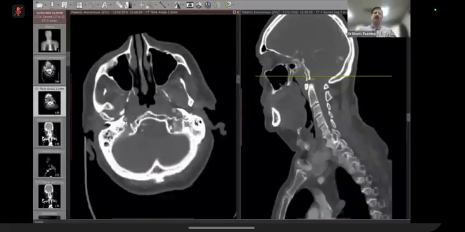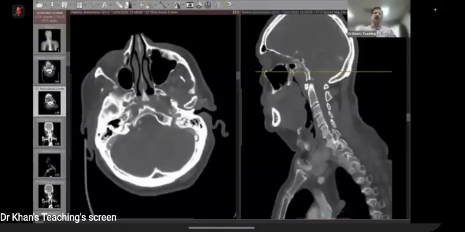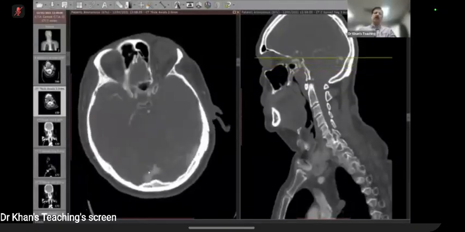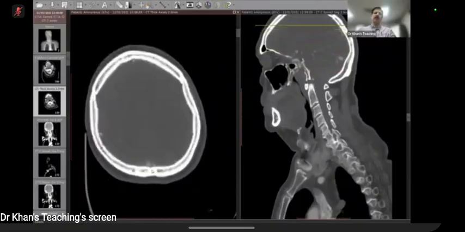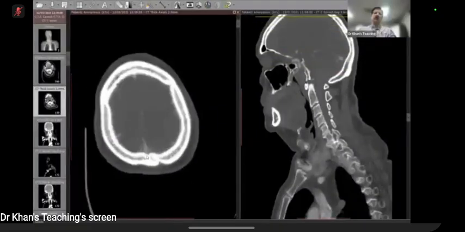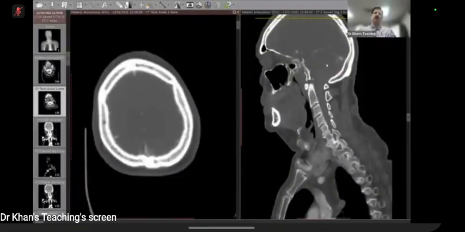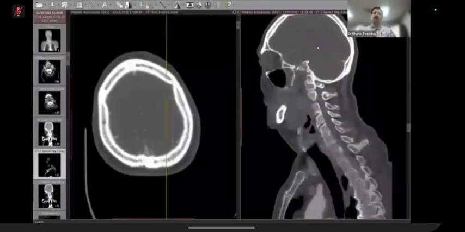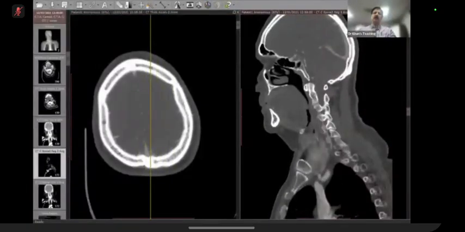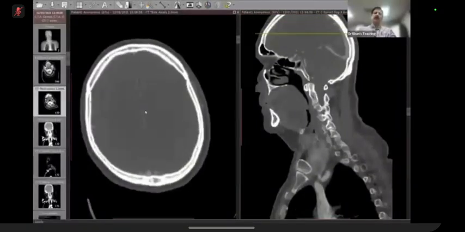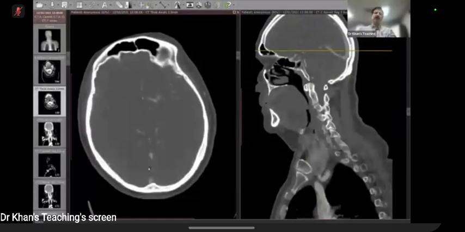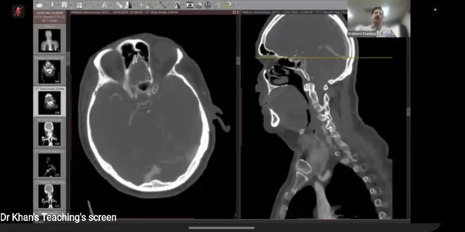Now, let's see the jugular foramen. So if you see here, I am going superiorly. You can see that this is the superior sagittal sinus. And we are coming inferiorly. This is the superior sagittal sinus.